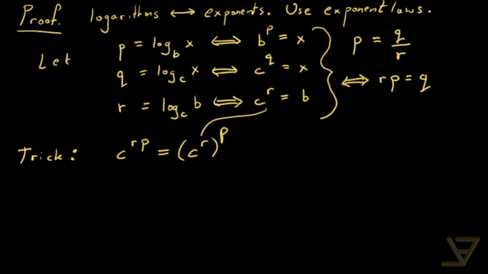First we're going to substitute this in here, so we get b to the p, and then we're going to substitute this in here so that we get x. And finally we're going to take this over here and substitute it in, so we get that this is equal to c to the q.